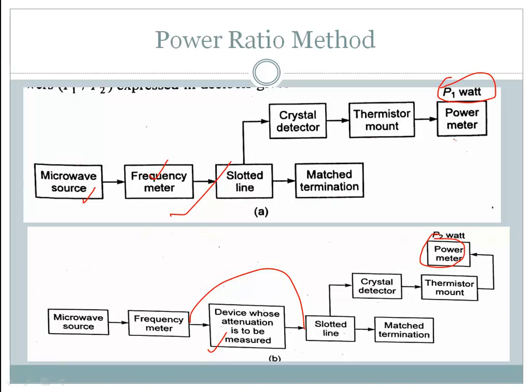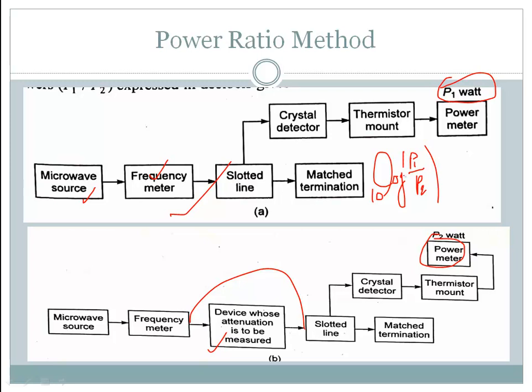Now, we take the ratio of P1 and P2, which is directly expressed in decibels and represents the value of attenuation. So for this we can easily use the formula 10 log P1 divided by P2.